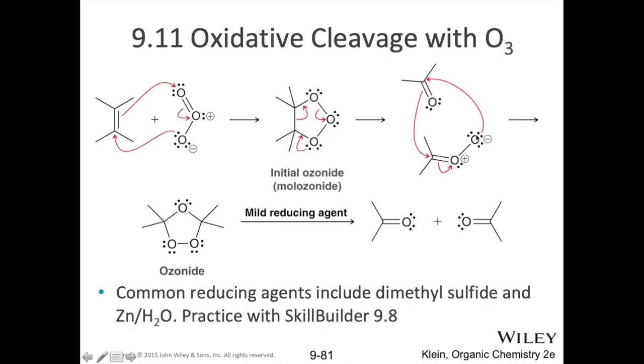Again, we have another cyclic pushing around of arrows, and we get another ozonide. Again, these electrons move around, but basically that reducing agent breaks this, removes an oxygen, and leaves us behind with just these two carbonyl compounds.